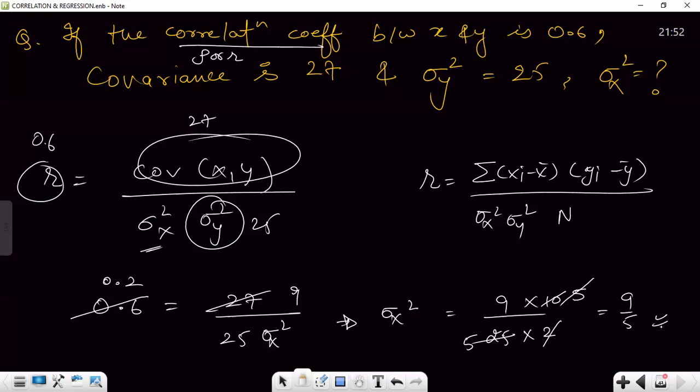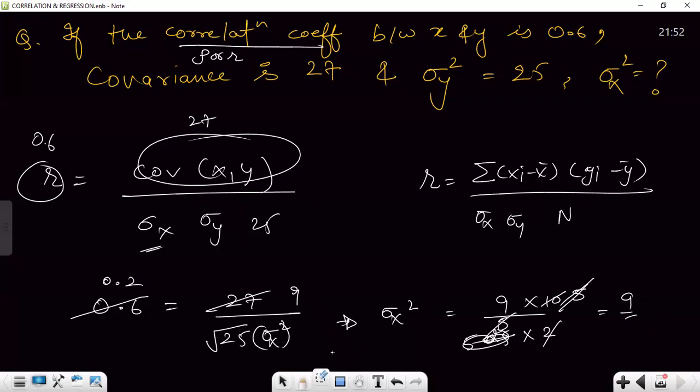Actually, I have made a mistake. It was actually the standard deviation, not the variance. Standard deviation, not variance. So the variance is its square. So this will be 5 here. 5 will cancel 5. The answer will become 9 only.